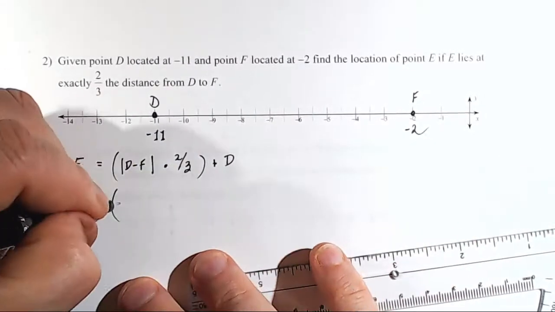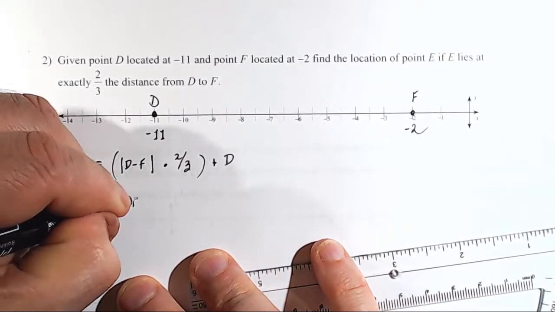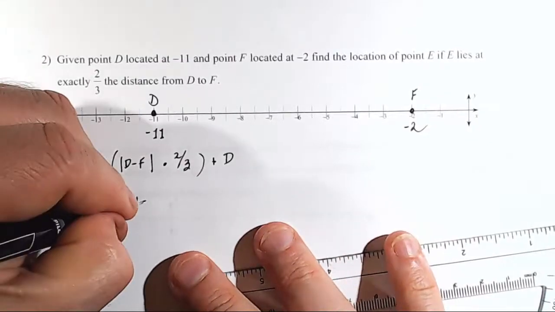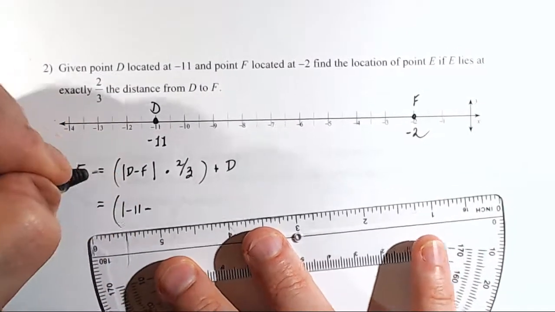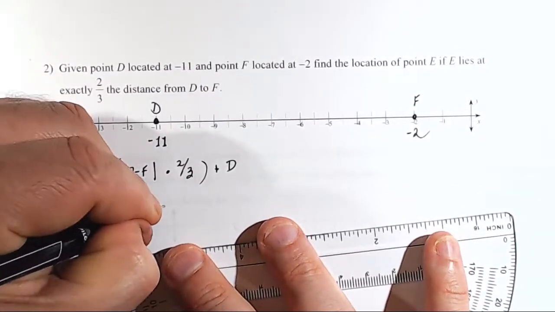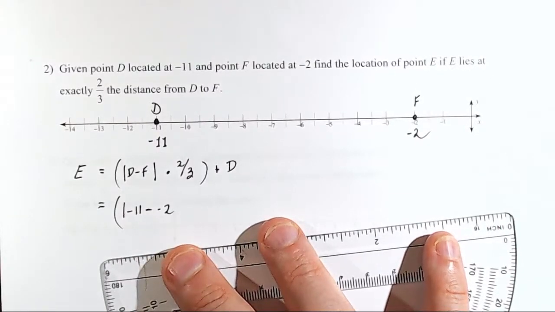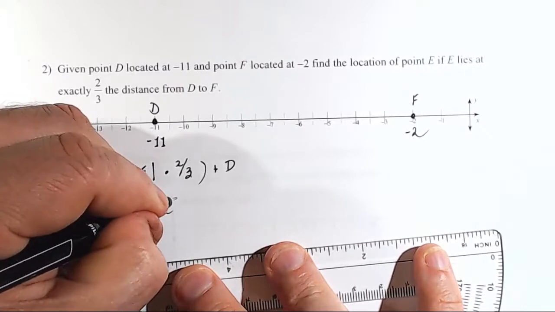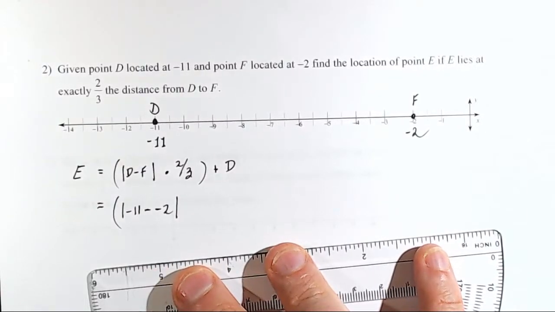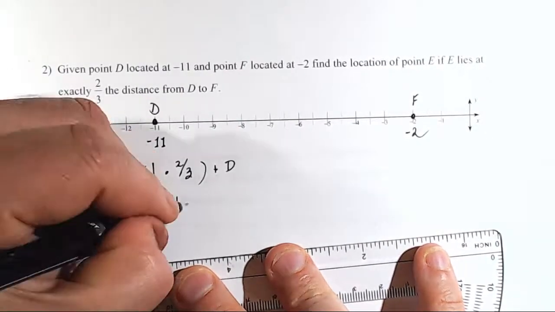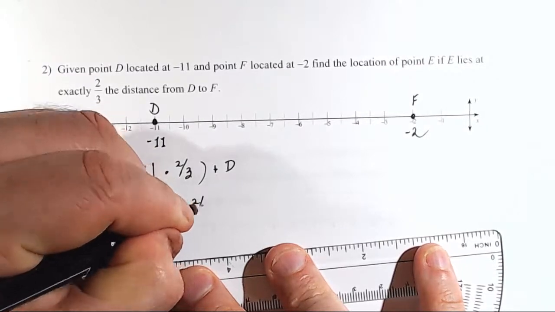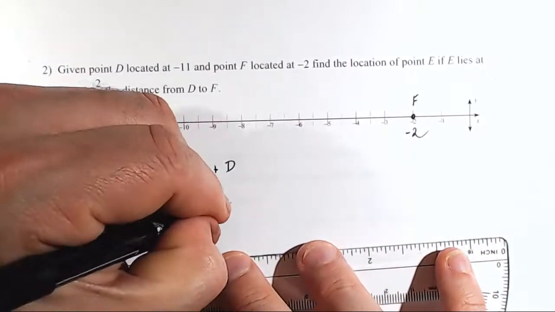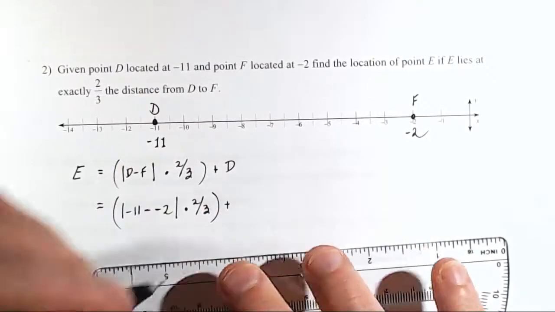So point D is -11, and minus point F is -2. So we have here a minus -2. So a minus, minus, minus. All right, we'll fix that here in a moment. So we're going to take the absolute value of that difference and then multiply it by 2/3. Okay, and then we'll add that back to -11.